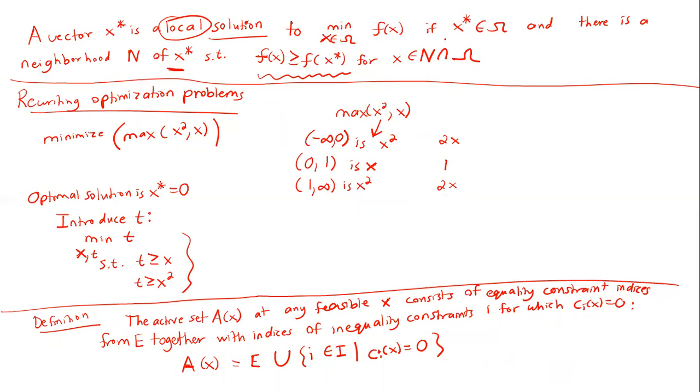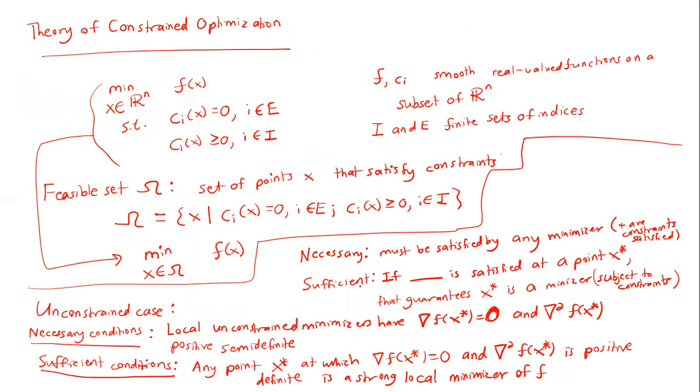But in addition, I also have to ensure that my solution is in my feasible set. So what are the checks or the conditions which would be a certificate to me to say, look, you've met these requirements? We want to find things like something that's necessary, that will be satisfied by any minimizer, hopefully meeting the constraints.